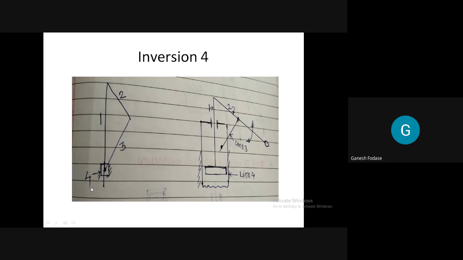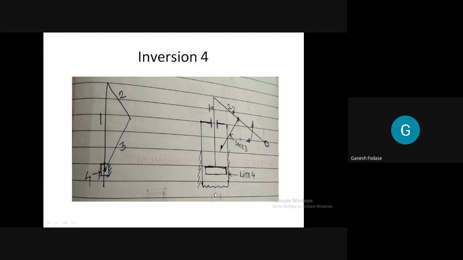And in order to use this inversion, what we do is, now see this diagram carefully. The same diagram I am drawing here with some modifications. You observe what the modifications are. This link number 4, which is fixed, is a slider actually. In order to use this mechanism in actual practice, this 4th link is made, now you see the second diagram, in this type of frame.